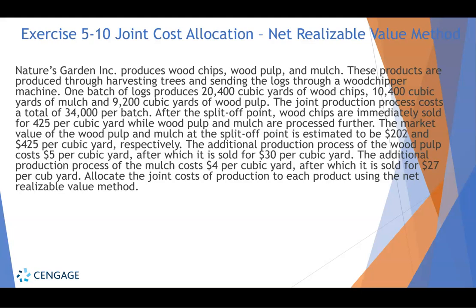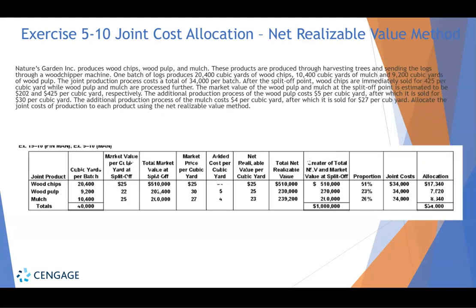The additional production process of the wood pulp costs $5 per cubic yard, after which it is sold for $30 per cubic yard. The additional production process of the mulch costs $4 per cubic yard, after which it is sold for $27 per cubic yard. Allocate the joint cost of production to each product using the net realizable value method.